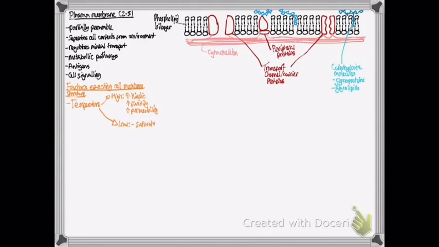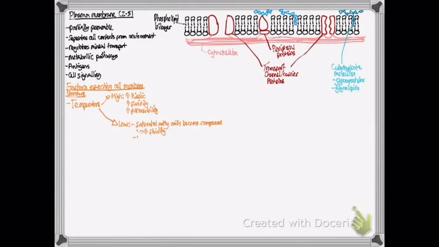A low temperature, however, affects the membrane structure slightly differently. So remember our saturated fatty acids and our unsaturated fatty acids. Saturated fatty acids become more compressed when it's cold, which decreases the fluidity.